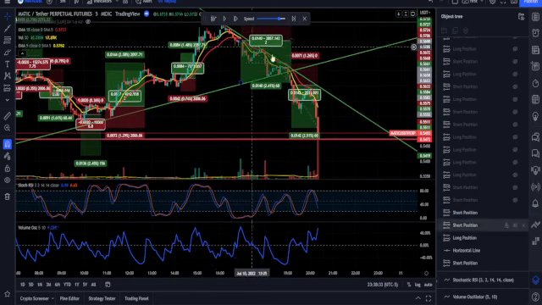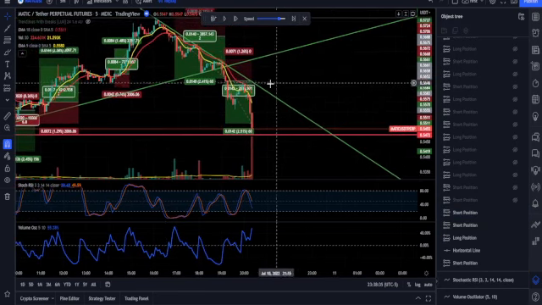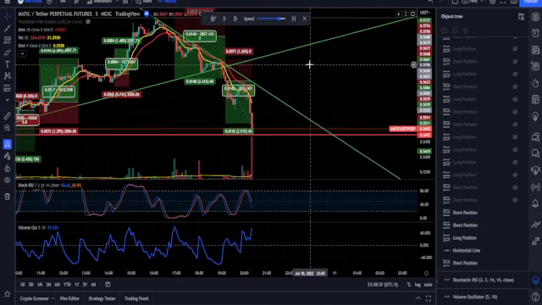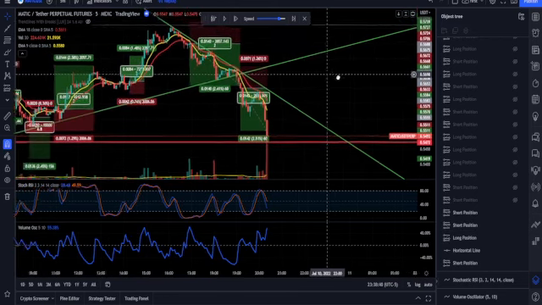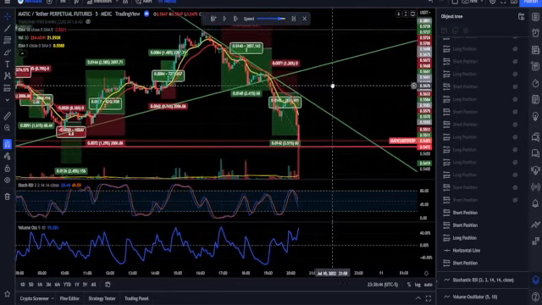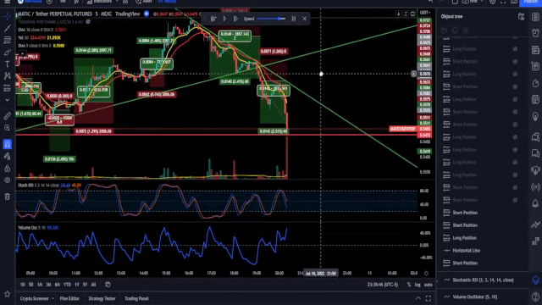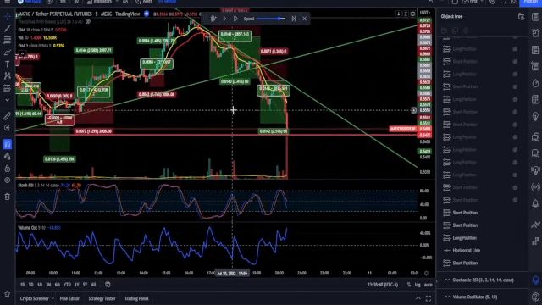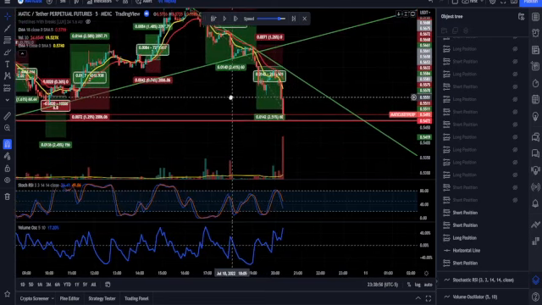So as you can see, this main trend line right here is holding steady. We have not gotten rid of this uptrend yet, because it is basically our main trunk line trend, so we have not decided to get rid of it yet.